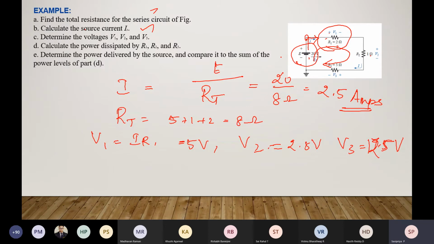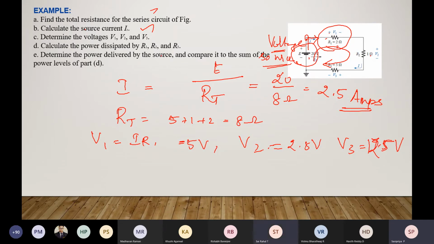But here let us not confuse. This is a voltage source V or E. In different books, they use different notations. This is a voltage source which is going to supply energy to this circuit. This can be a battery, generally a battery or RPS, regulated power supply.